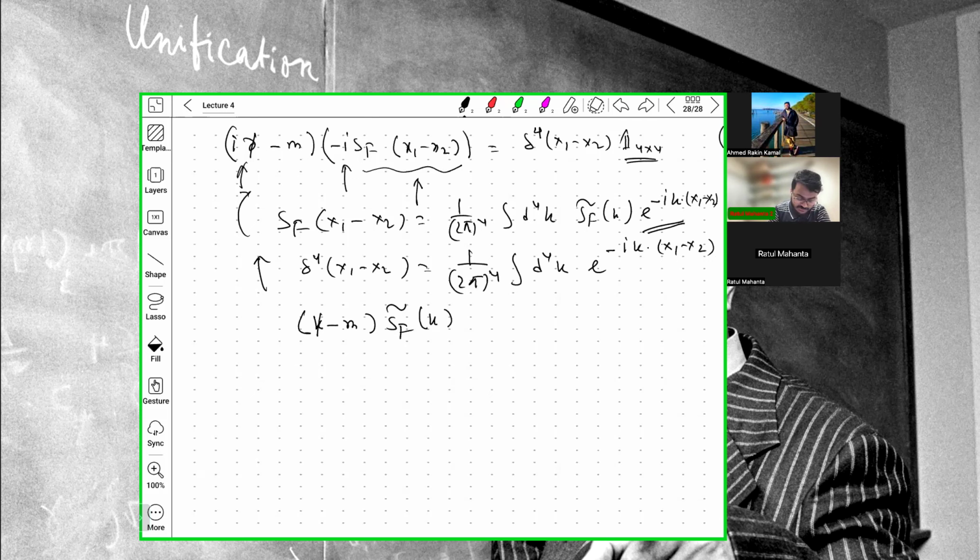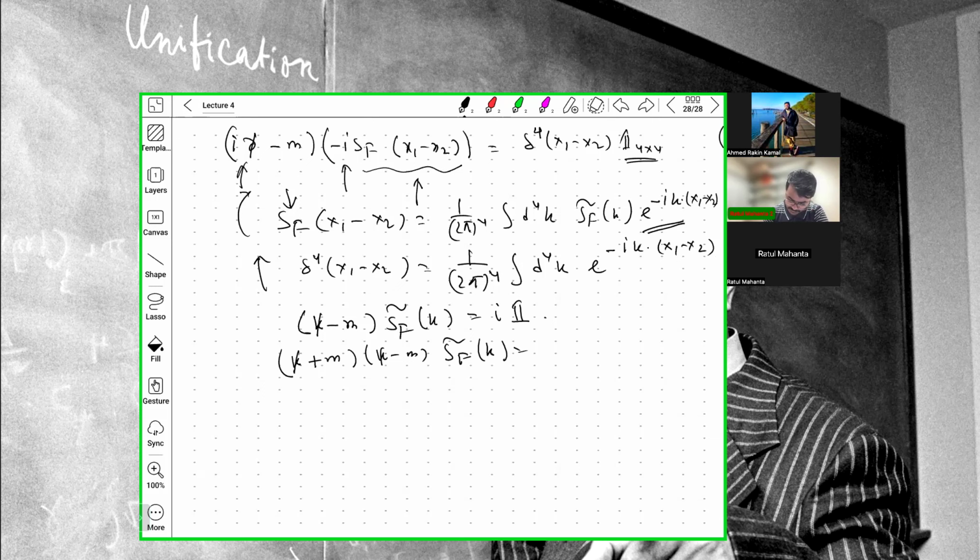We are yet to see that this is a 2-point function of the theory. There is a minus i on the left-hand side, on the right-hand side it would read as i. And immediately, you can multiply it by our usual trick.